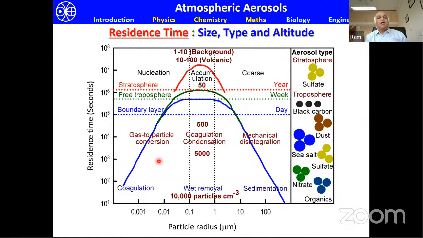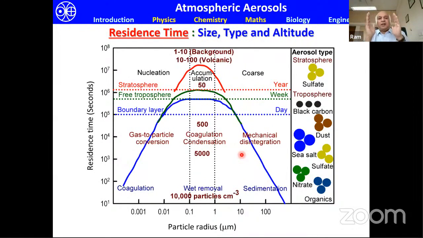Typically in this small size range, the residence time is on the order of a few hours to a day, and then they convert through gas to particle conversion into particles in the accumulation or condensation size ranges, while the particles that are larger than 1 micrometer or so feel the effect of gravity more effectively than the particles of smaller size, as you know. So they also settle out of the atmosphere in a few hours to 1 day's time.